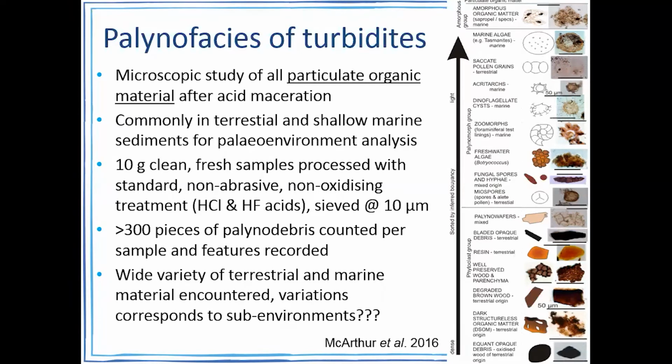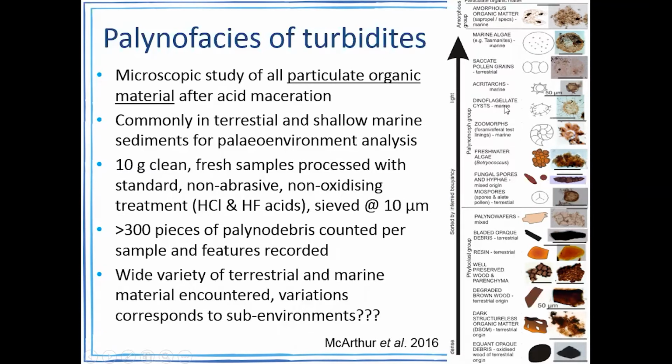And what we recognized from the channel-levee system is a wide range of organic matter types, both terrestrial debris, so wood of varying degrees of preservation, then things like leaf debris, of course, pollen, spores, and so on.